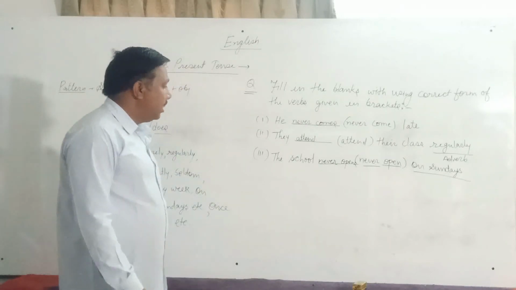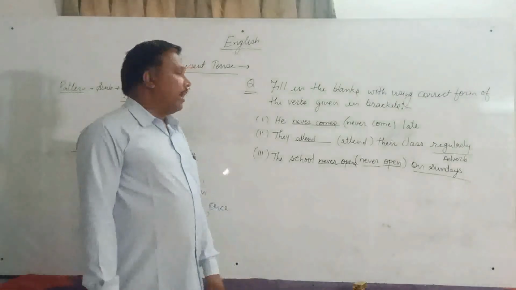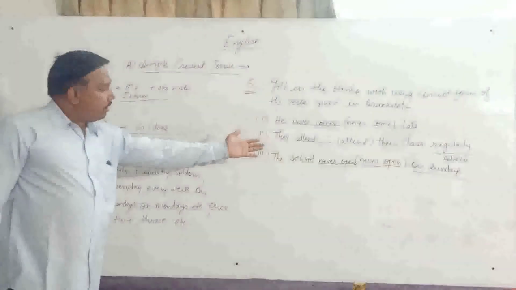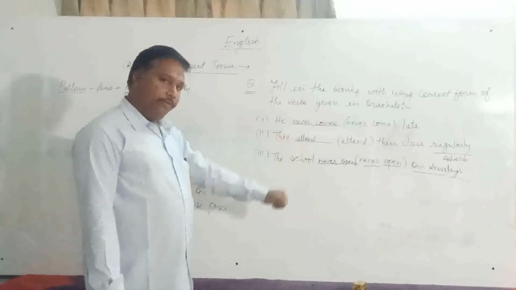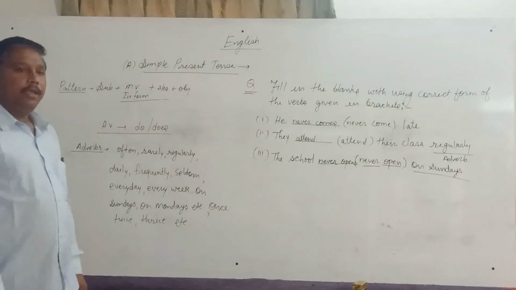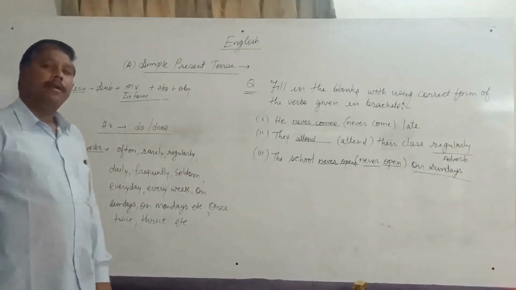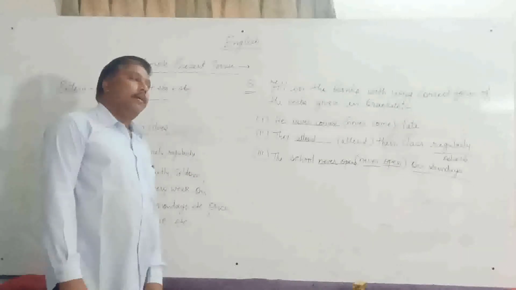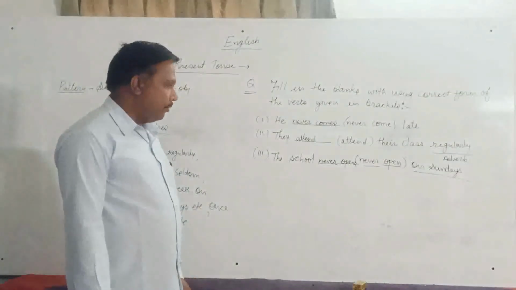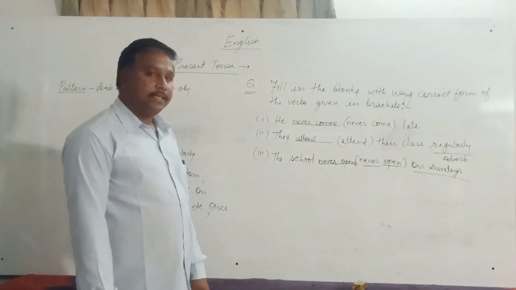Clear? In this way you can fill in the correct form of the verbs by learning these verbs. You can take help from your book to learn them and do exercises.